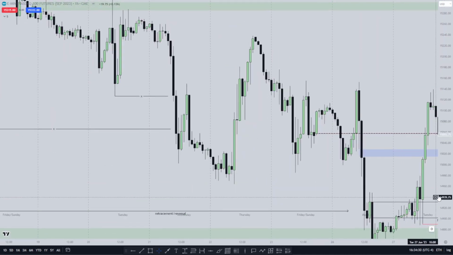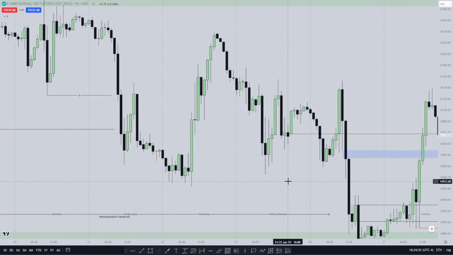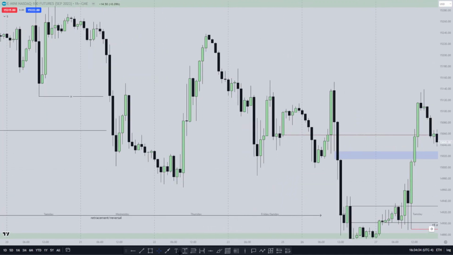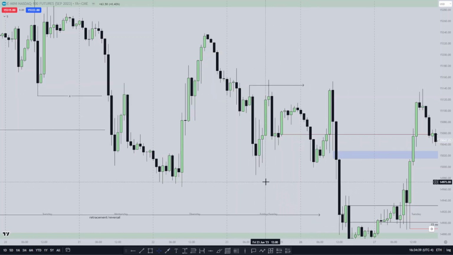So where's our market structure shift for Friday? We have this right here. Why? This high was taken out right here, and then we went lower right here.